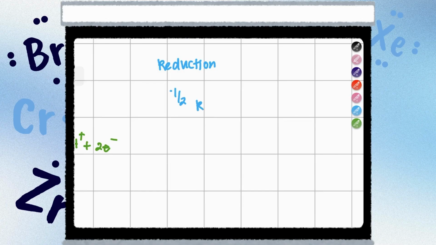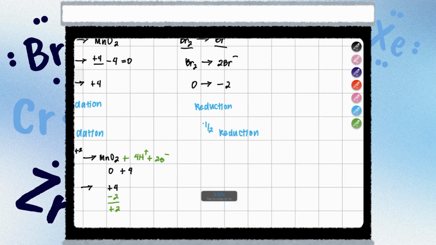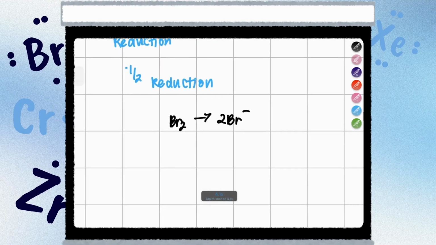And then next, we have half reaction of reduction. You have Br2 and 2Br minus. So you have a charge of 2, we have a charge of 0, and we have -2.